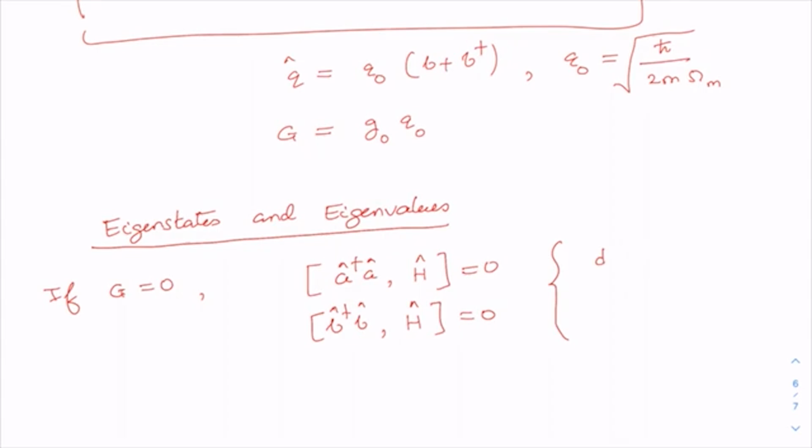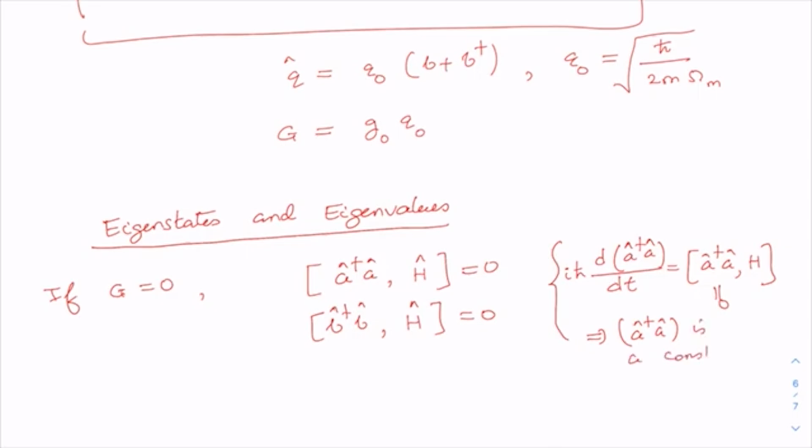I am making this conclusion based on the Heisenberg equation. From the Heisenberg equation, d(a†a)/dt is equal to the commutation between a†a and H, with iħ also there. If this is equal to 0, this implies that a†a is a constant of motion, or it's conserved.